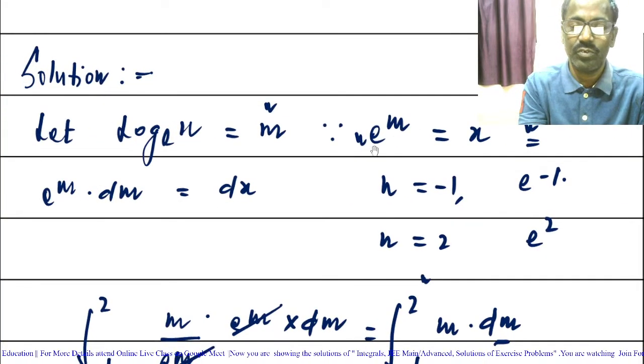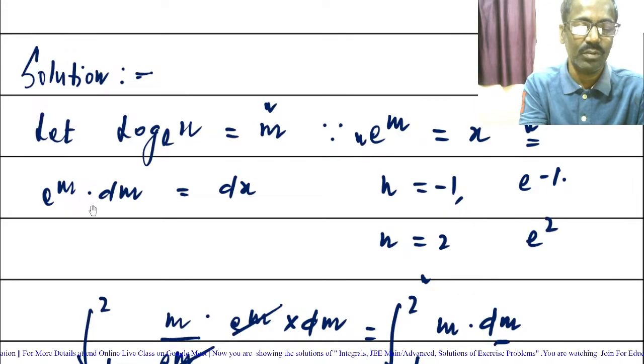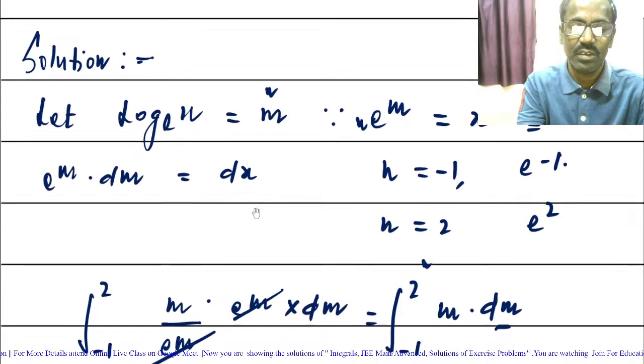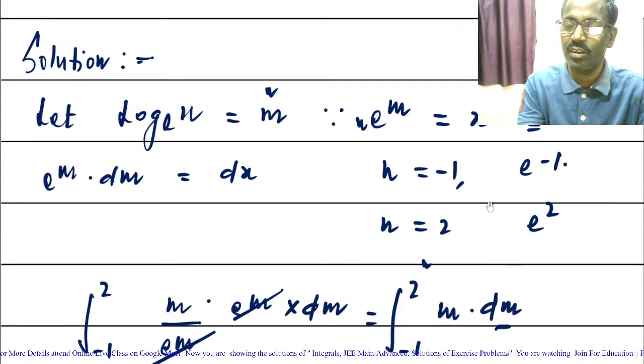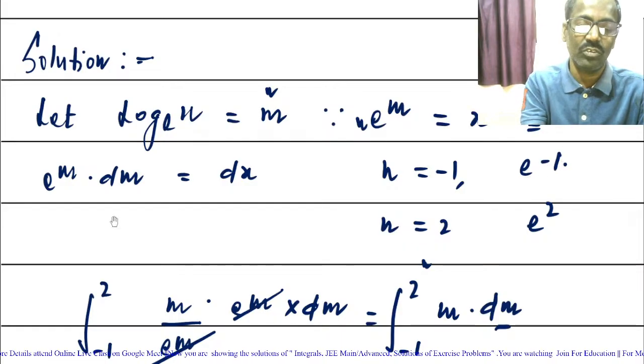Differentiating both sides, we get e to the power m into dm equal to dx, and we find the limits of m when x equal to e to the power minus 1 and e to the power 2.